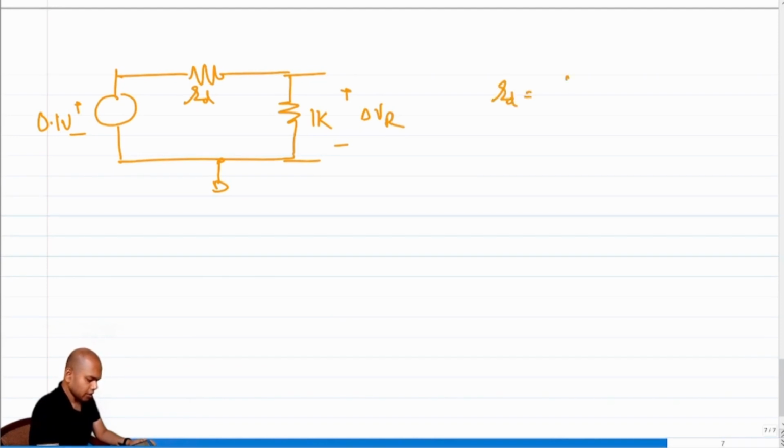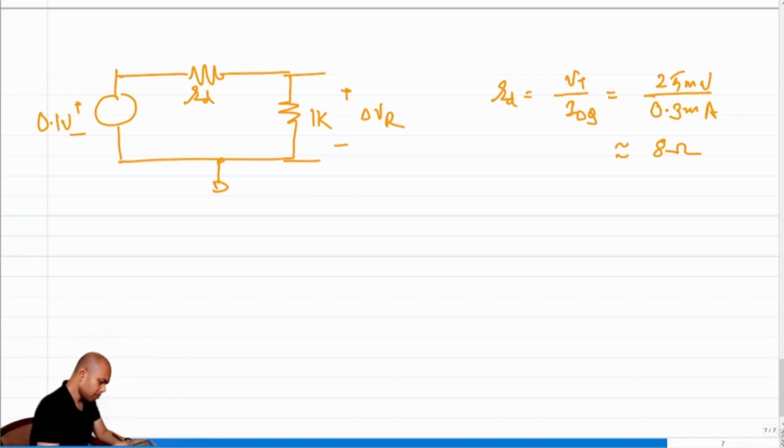So RD is VT over IDQ, which is 25 millivolt divided by, what was IDQ? It was 0.3 milliamps. So this is approximately, right, 8 ohms, 8.33 ohms. So let's say it's 8 ohms, correct? So which means what is delta VR?